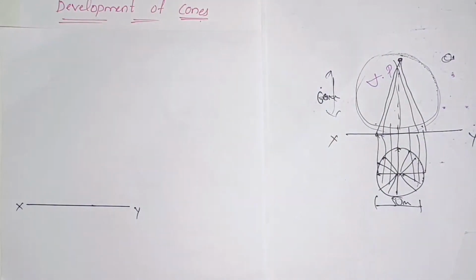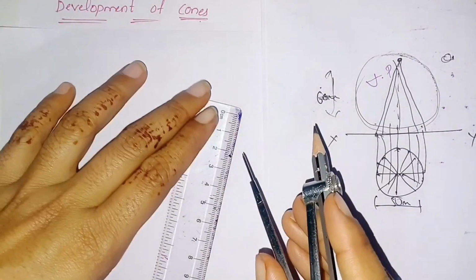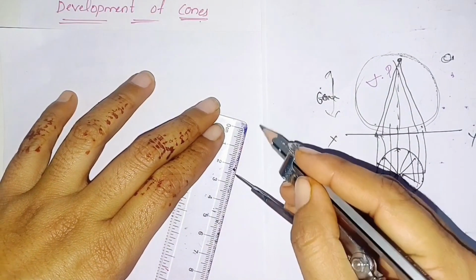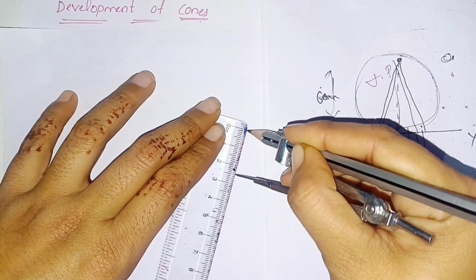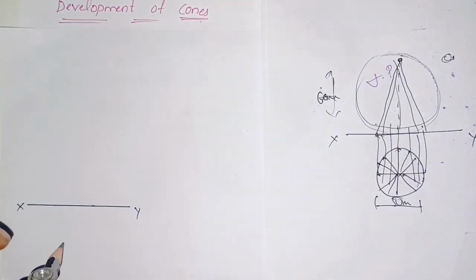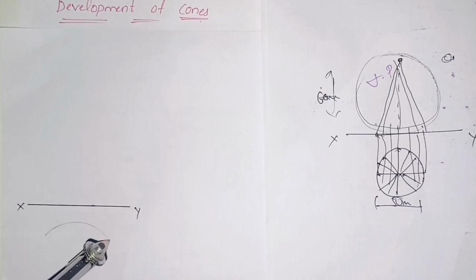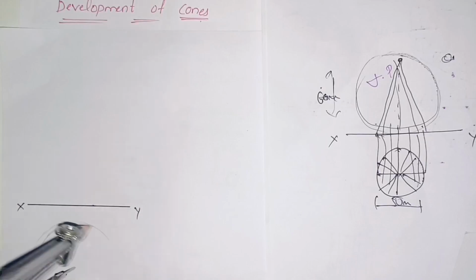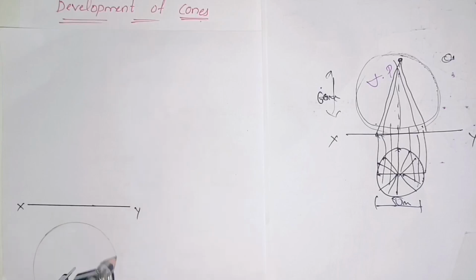So take a compass with a radius of 25 mm. Why? Because D is equal to 50, so you calculate the 25 mm radius and draw a circle.